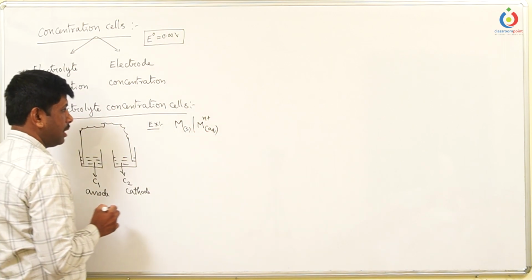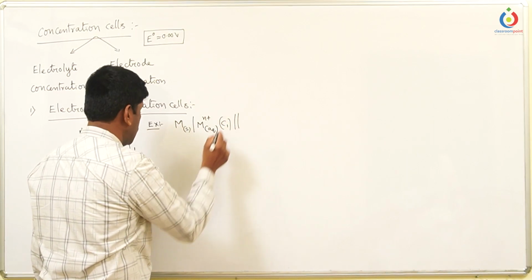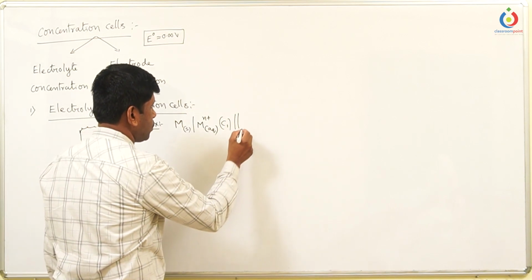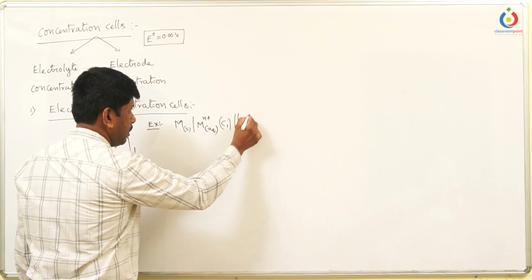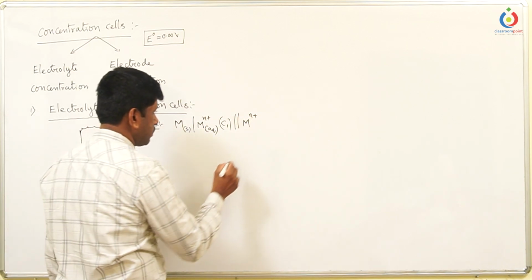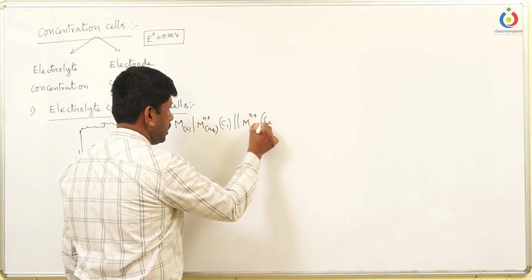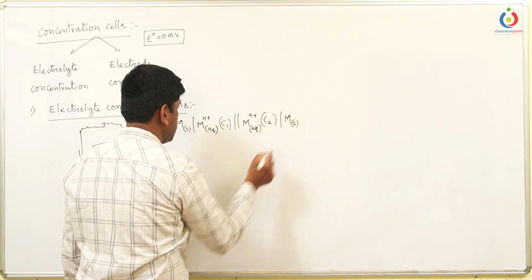Its concentration let us take as C1, salt bridge. Next, another electrolyte solution, again the same metal and its respective ionic solution, aqueous solution, concentration C2, with the metal rod dipped in the solid state.